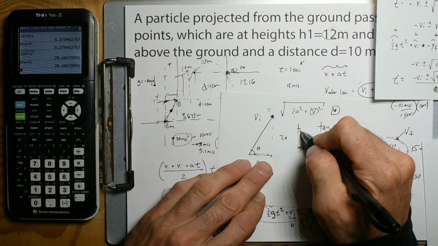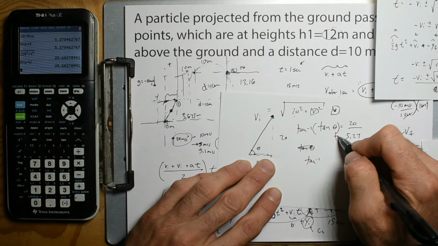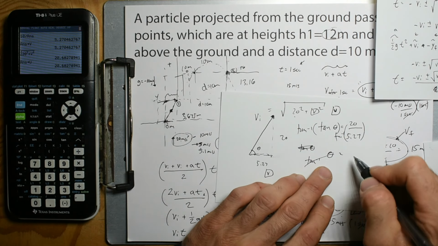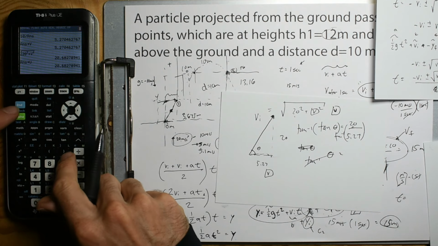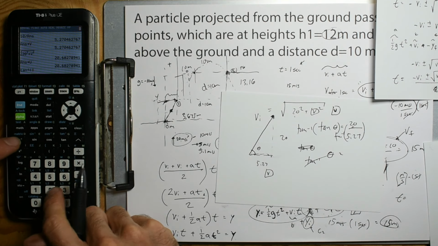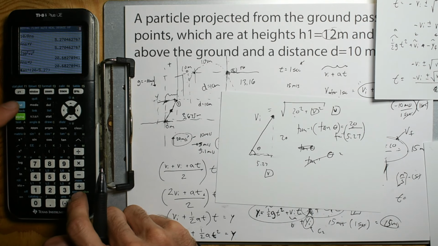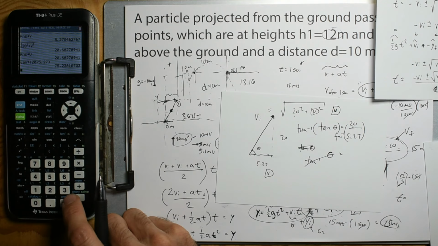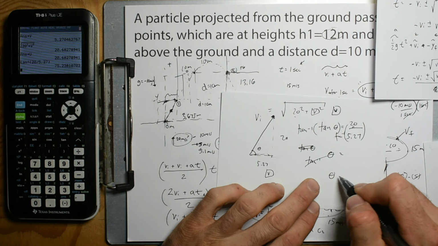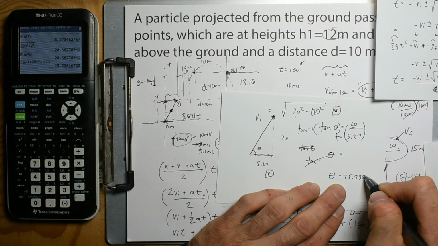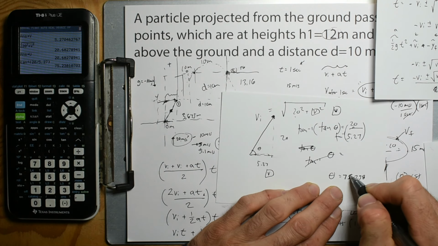So if I take the inverse tangent of both sides, the angle is equal to the inverse tangent of 20 divided by 5.27. I'm going to check if I'm in degrees. Cool. So this gives me an angle of 75.238 degrees. Okay, hell yeah.